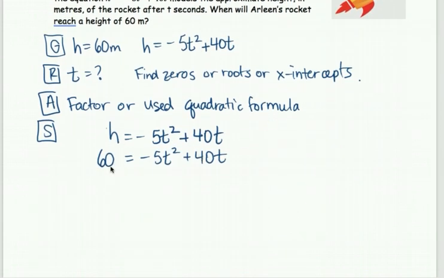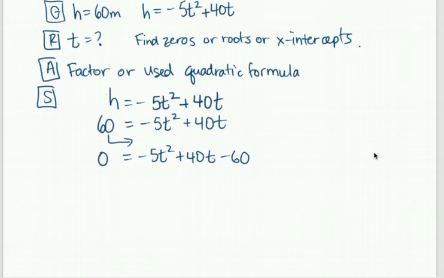Now in order to factor and so forth, we need it to equal 0, so I'm going to move this 60 over. And then we get to there, so that's equal to 0. From there, now we can go through the steps of factoring. So find the greatest common factor here. You're noticing -5, get rid of that, and any t's, no, so just a 5. So divide that out.